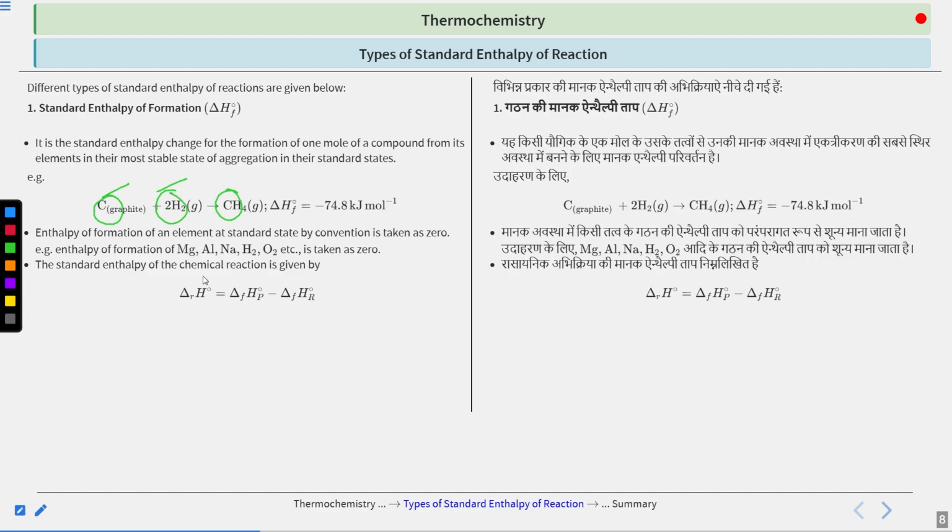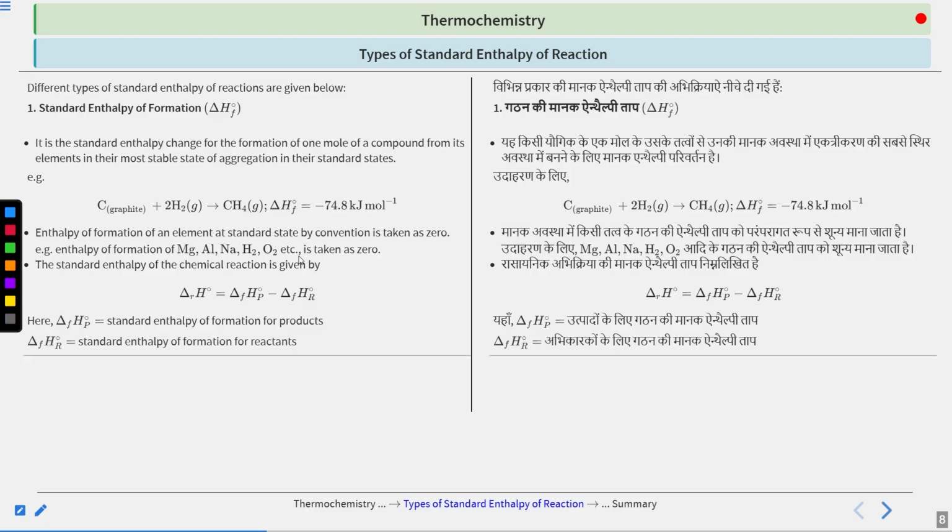You should remember the standard enthalpy of any reaction can be written in terms of products and reactants: the enthalpy of formation of products minus the enthalpy of formation of reactants. Clear? Now, delta H f naught P is the standard enthalpy of formation of the products, and delta H f naught R is the standard enthalpy of formation of the reactants. Clear?